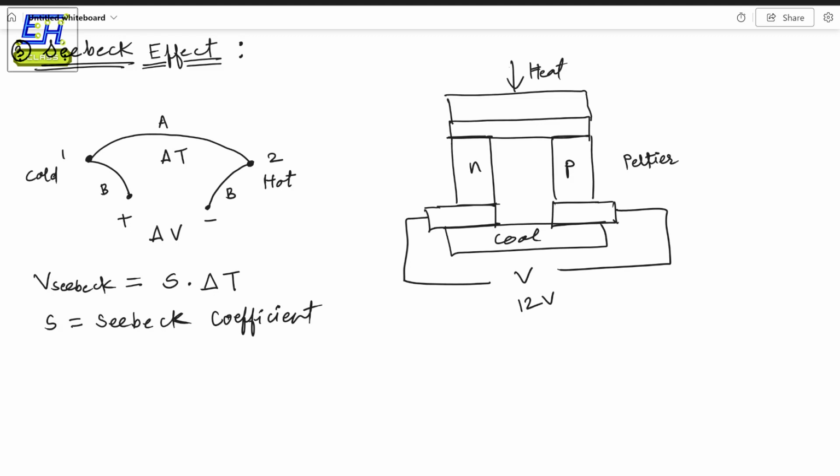Okay, so this effect is really useful in a sense that, again, there are no moving parts here, right? You can directly convert the temperature difference into electricity. So this is really useful in cases where you need a very compact power source. So a very good example of this is the RTGs that are used on the space probes, and also the Martian rovers. So what they are basically is these small thermocouples.